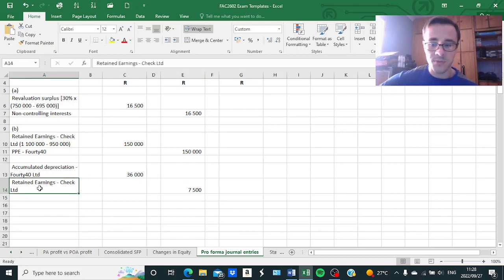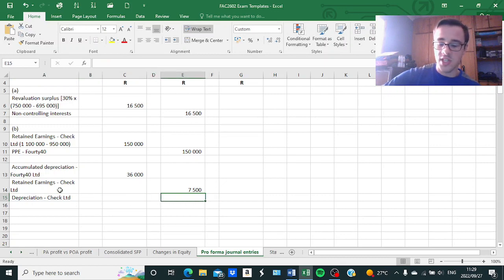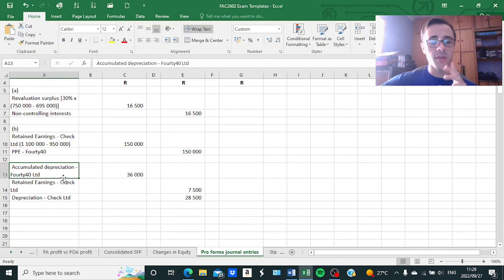So for the previous period, we will make use of retained earnings. And for the current year, we would have had a depreciation expense. Therefore, we will credit depreciation also for the company that made the unrealized profit, which was Czech Limited, and the amount that you will use here would be 28,500. Just remember to include your calculations.